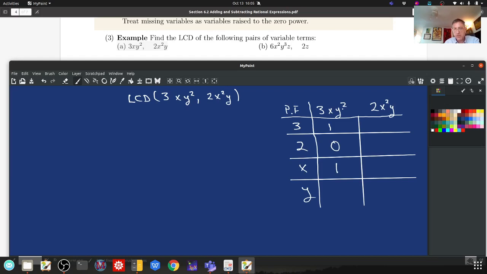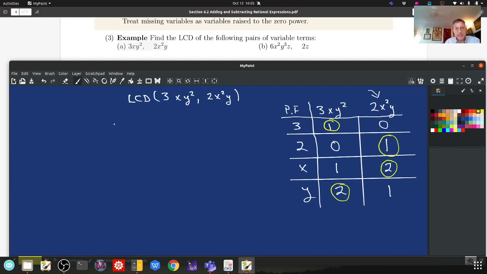How many factors of y in my first term? 2. How many factors of 3 in my second term? 0. How many factors of 2? 1. How many factors of x? 2. How many factors of y? Just 1. And if you want, you can just circle the largest number.